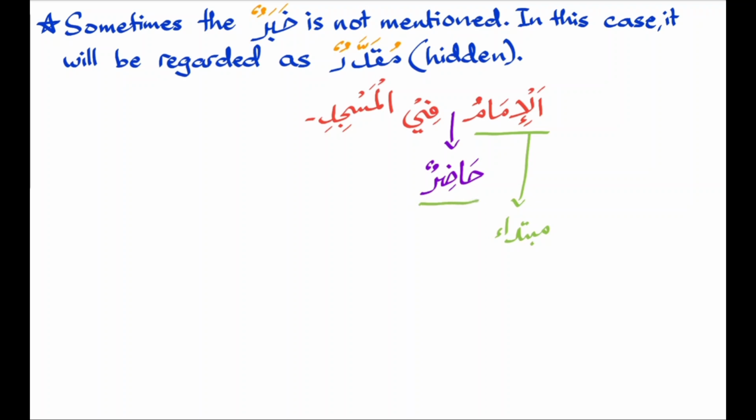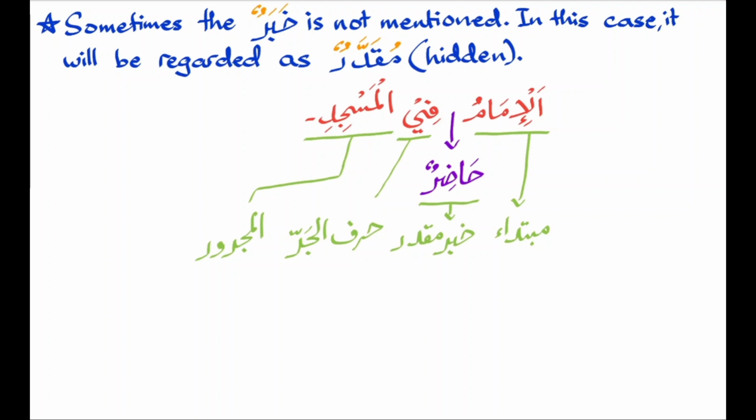Then we have hadirun, which is the khabarun muqaddarun. And then we have fi, which is harful jar. And finally we have al-masjid, which is al-majroor.